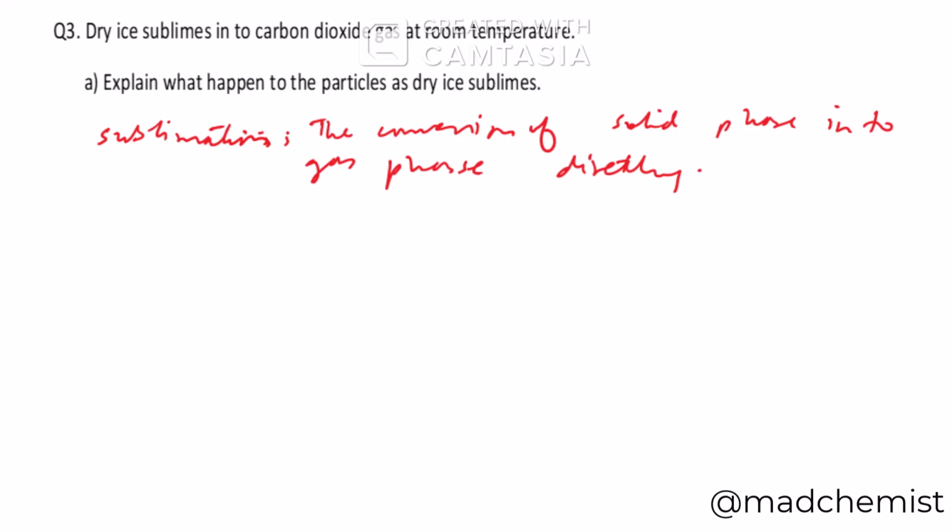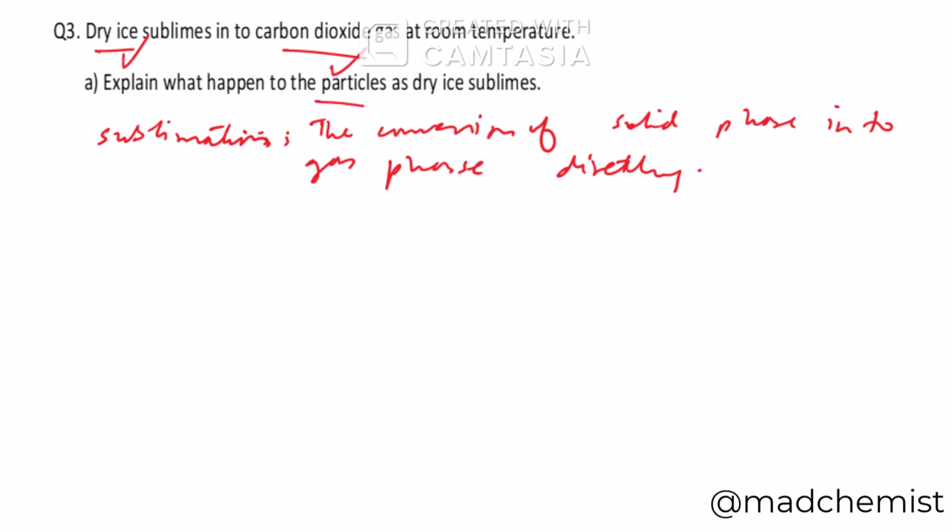So this is the nature of carbon dioxide, that dry ice, that carbon dioxide is present in solid form, as we named it dry ice, and it sublimes into carbon dioxide gas directly. So what happens to the particles?